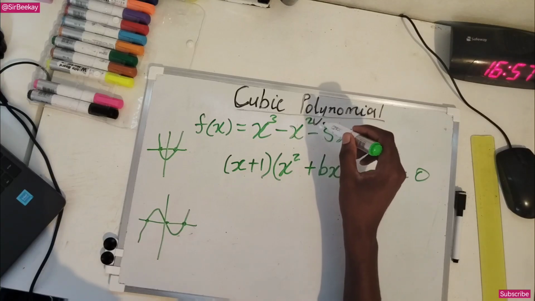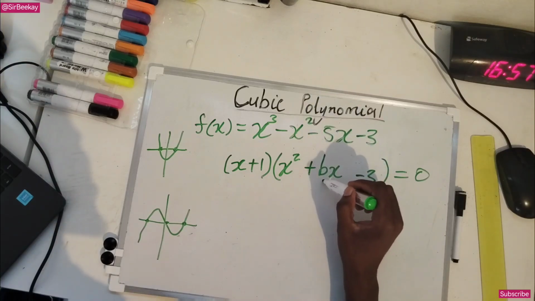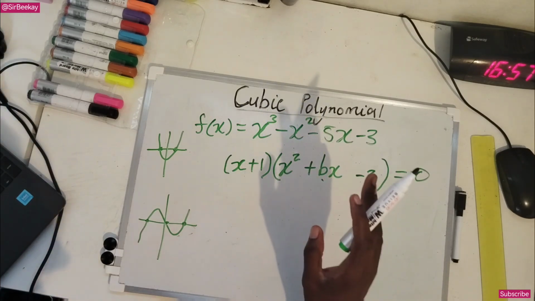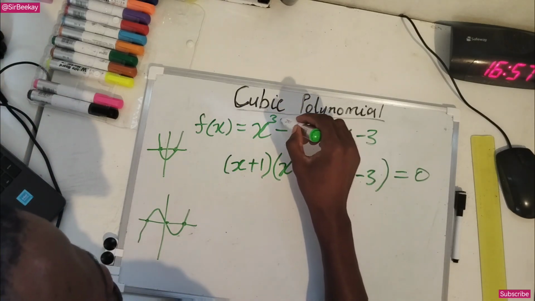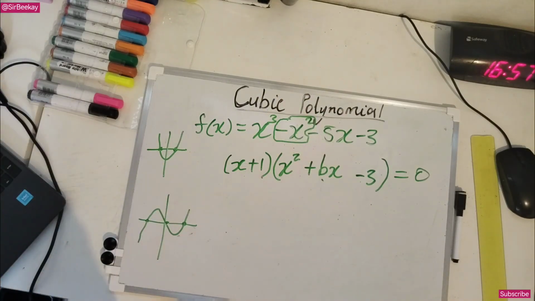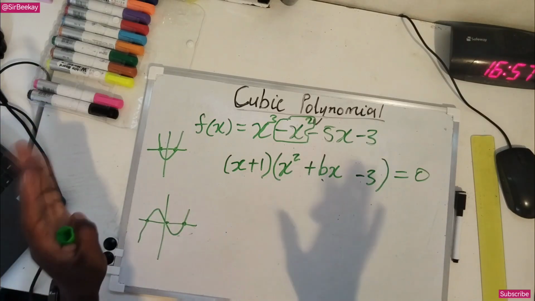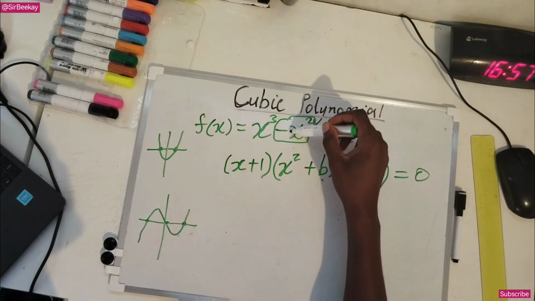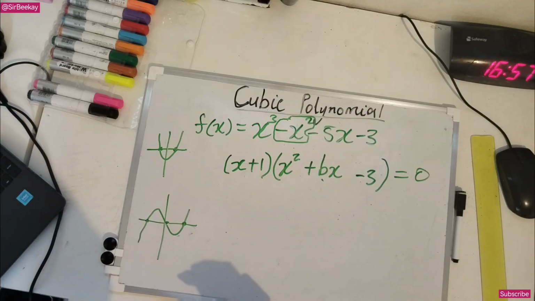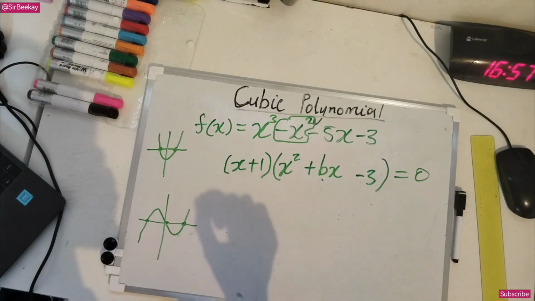Remember, this inner part here, when multiplied by something, should give me the coefficient of x squared as minus 1.